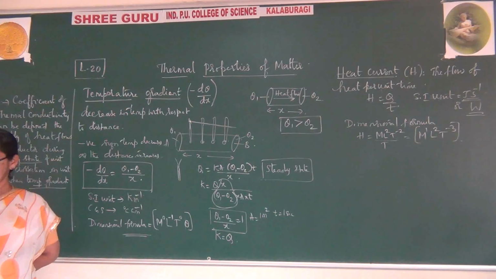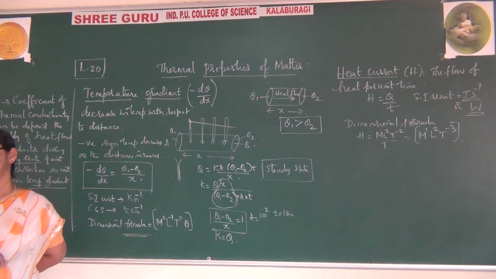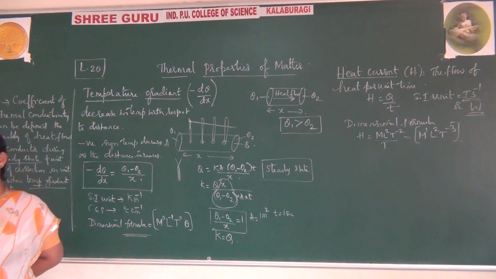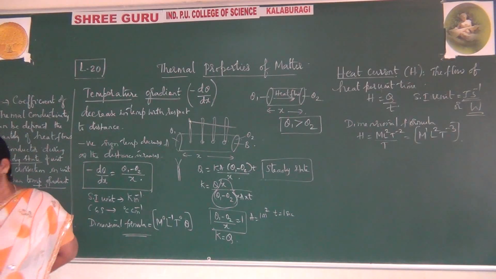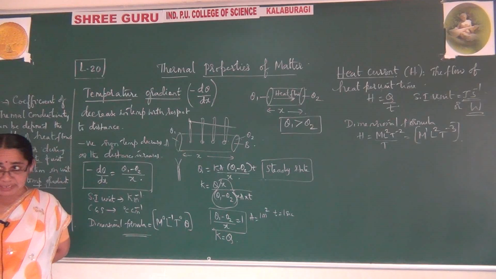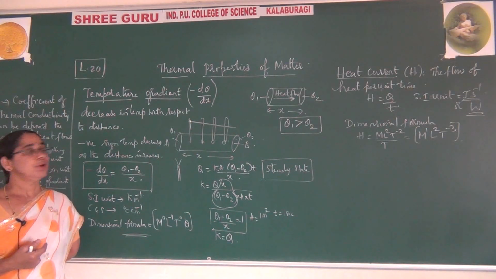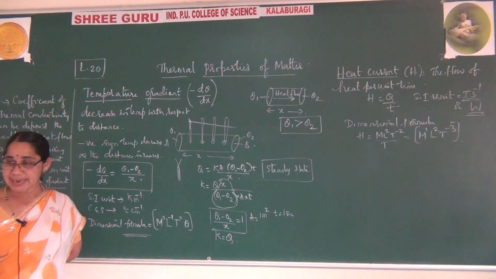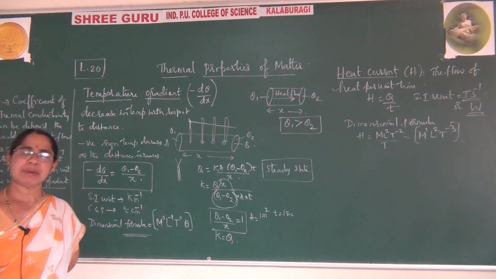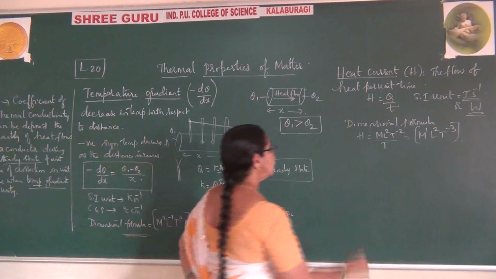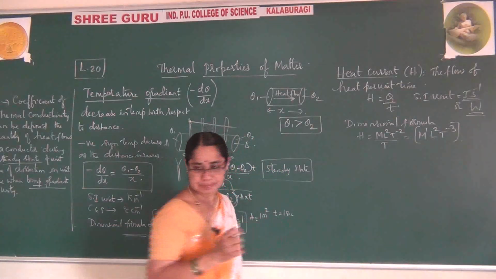It is defined as the ratio of temperature difference between the ends of the conductor in which the heat flows, to the heat current. Very simple definition. I will write it here itself.